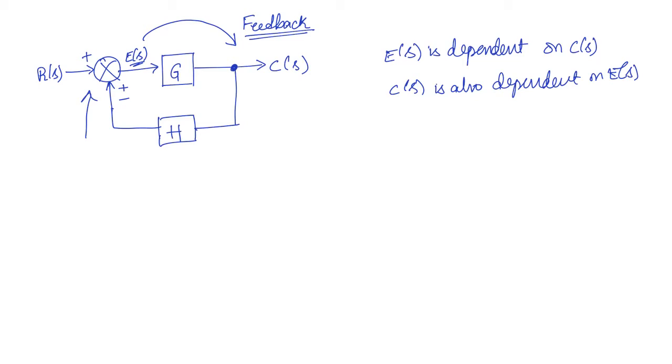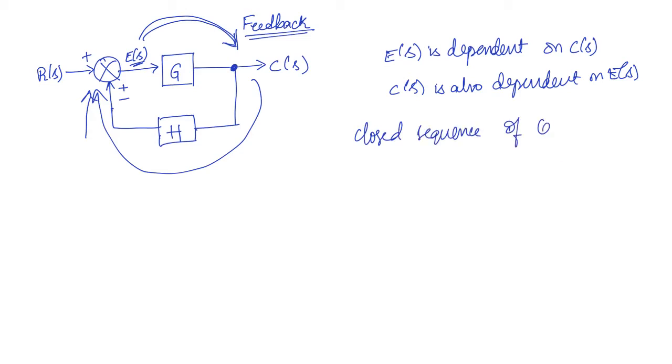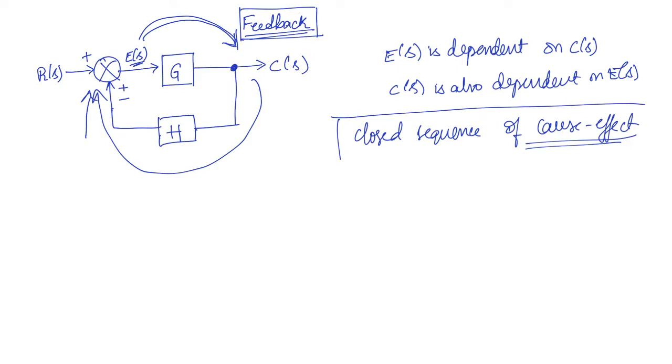So we can see that C of S will affect E of S, and again E of S will in turn affect C of S. So we can see that there is a closed sequence of cause and effect relationship. This is what will be present in a feedback system. In a feedback system, there will be a closed sequence of cause and effect relationship.